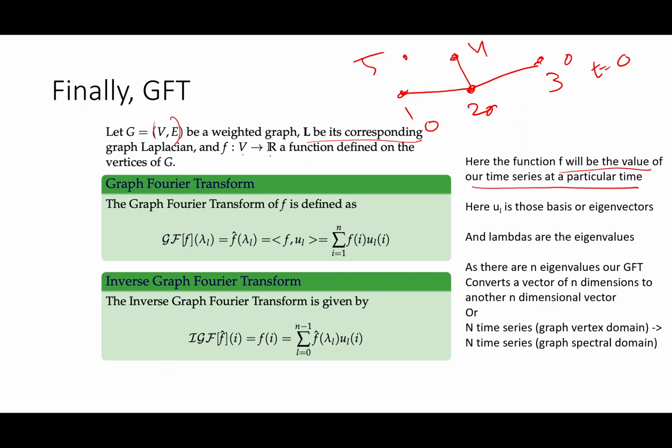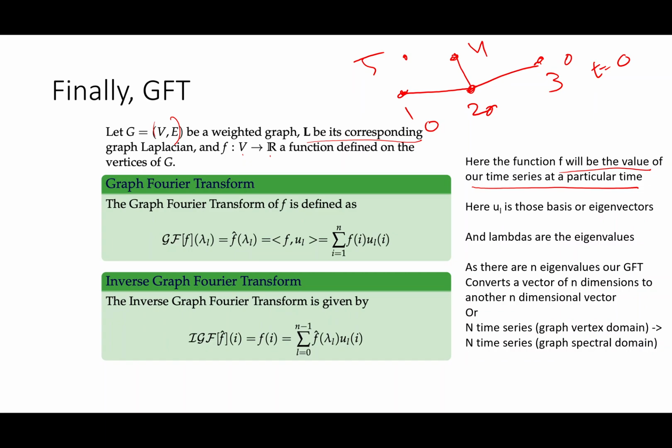So the graph Fourier transform is defined as follows. Just remember the Fourier transform formula which was given earlier. Take our f, multiply it with those basis vectors, and sum. Give it a good old sum operation. So this is what is going on over here as well. We have f of i for i equal to 1 to n, for all nodes, and then we multiply it with our basis vectors.